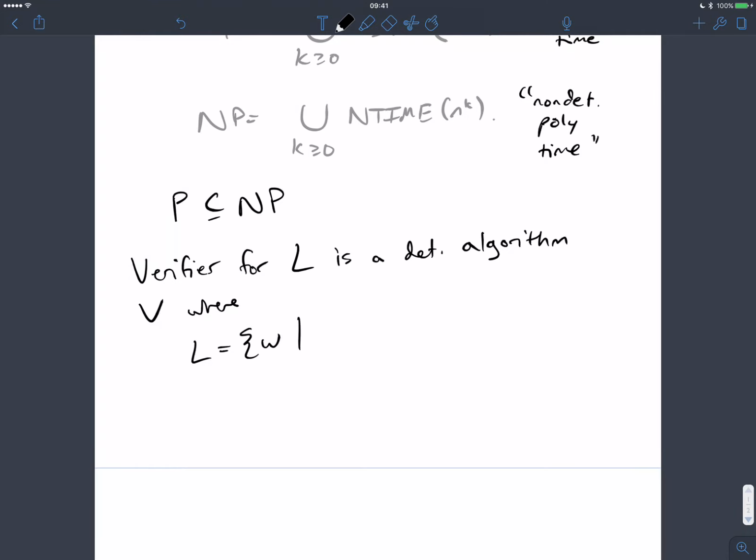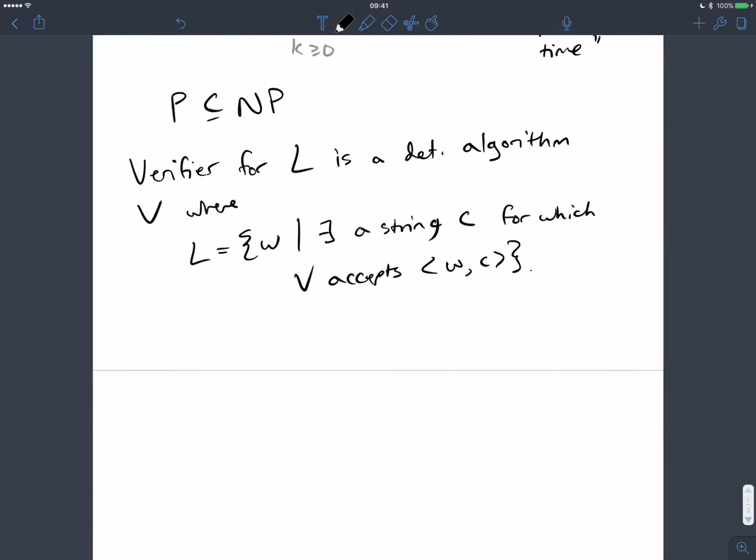So it's the set of all strings W such that there exists a string C for which V accepts the input W coupled with C. So this algorithm accepts inputs of the form W and C, where C is what is called the certificate.